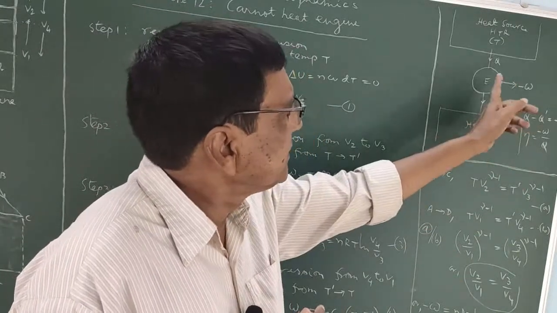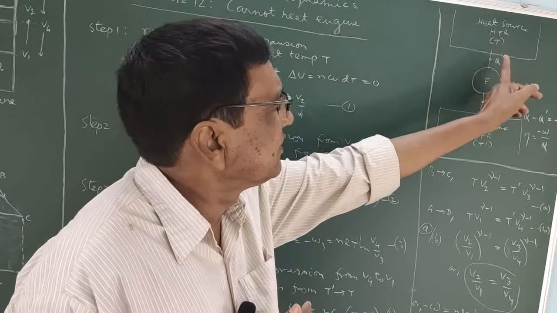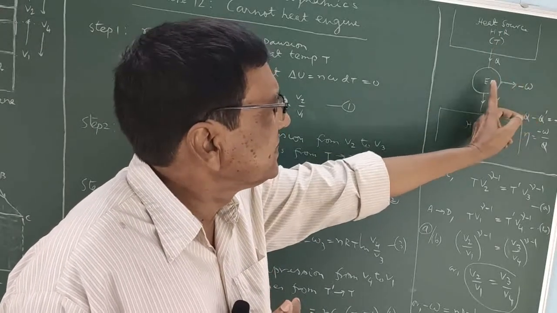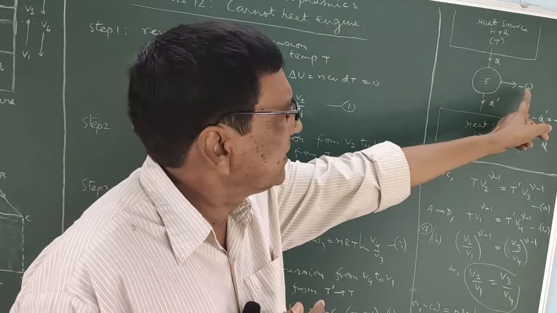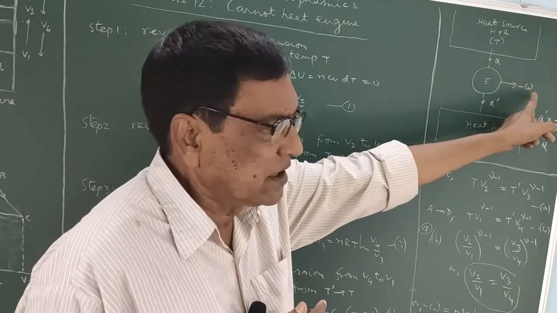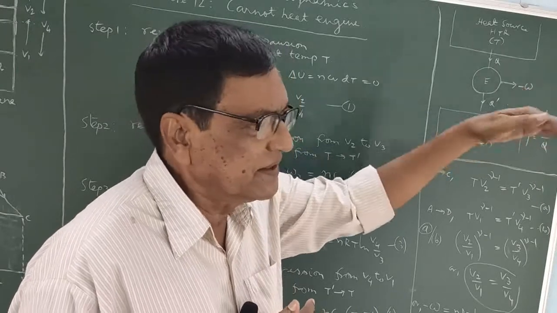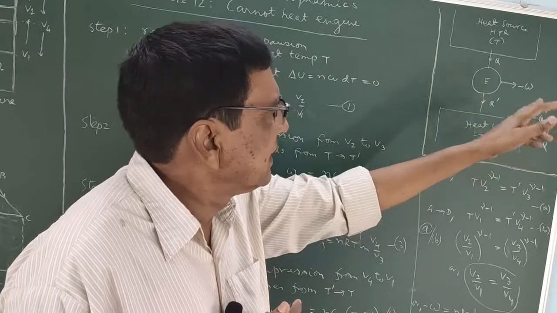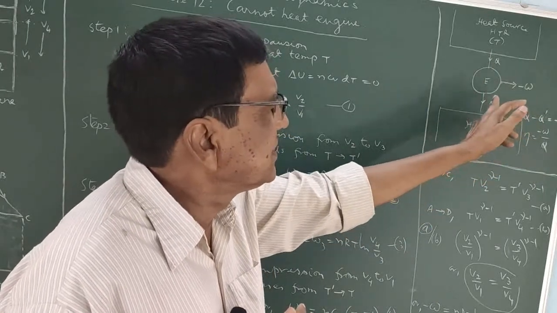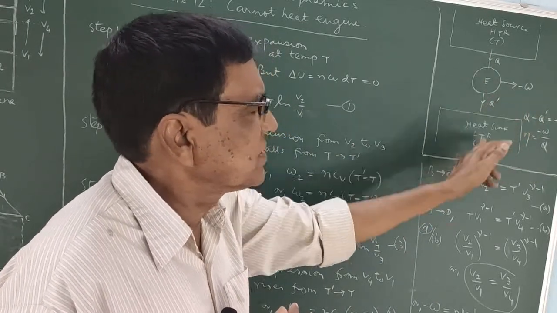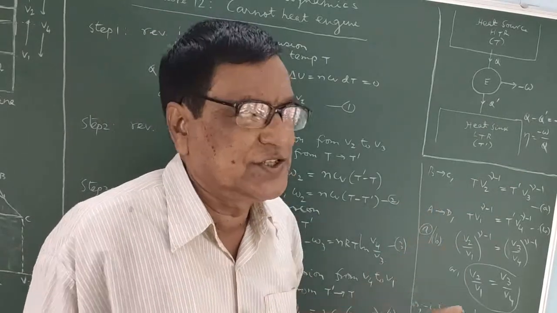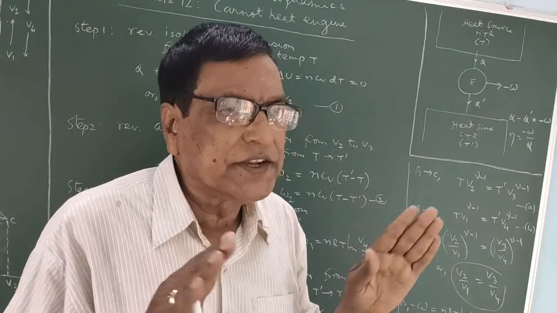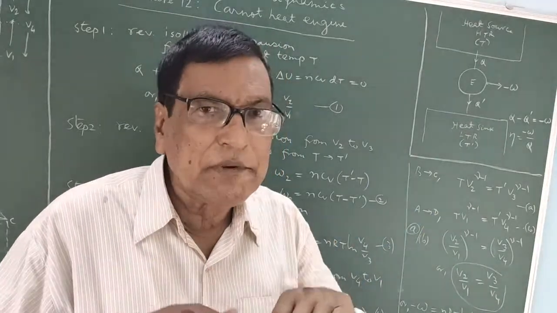And the engine will take a heat Q from this H tier, and this engine does some work, minus W; the minus sign is given for the work done by the engine. The rest of this heat is left to the sink unutilized, and this Q dash is rather called unavailable energy.